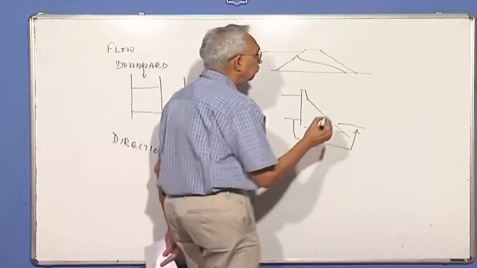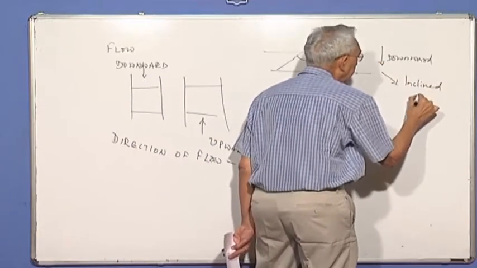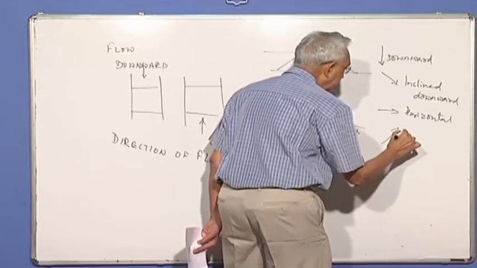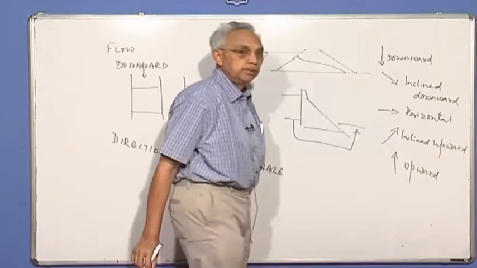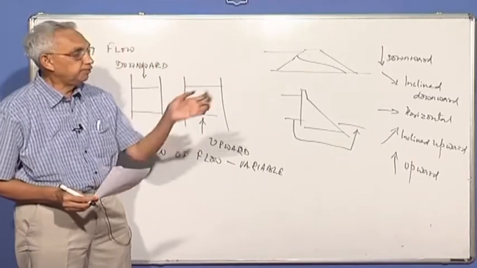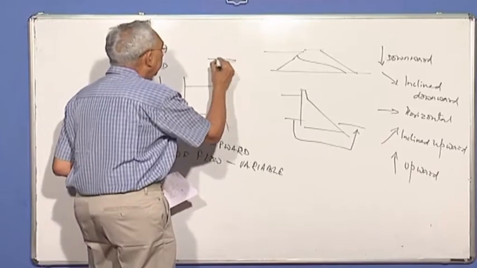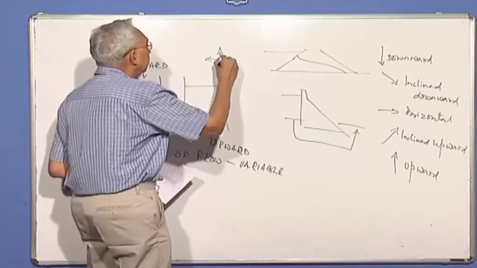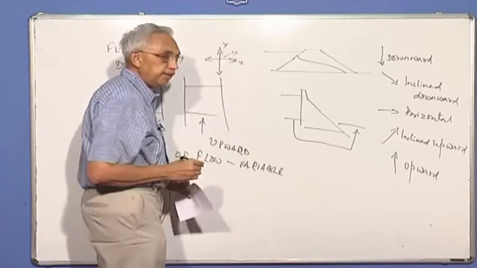The flow can be downward, it could be inclined downward, it could be horizontal, it could be inclined upward, or it could be purely upward, which means the permeability values should be found out for different directions. You know that from simple mathematics, if I know the values in two orthogonal directions, you can easily find out for any third direction. This is x direction, y direction.